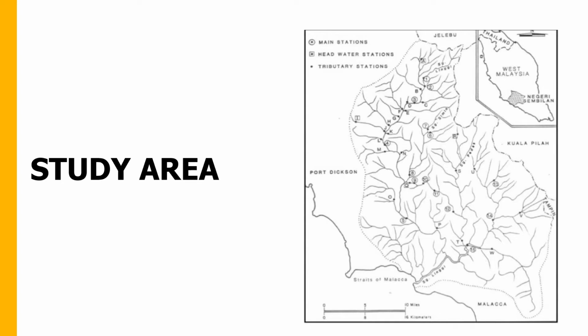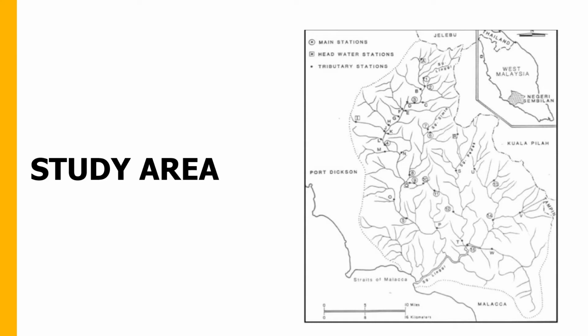Based on the data provided by the Department of Irrigation and Drainage in 2010, the river covers a total catchment area of about 523 square kilometers, while the main river has a length of 43.8 kilometers, and the highest monthly rainfall precipitation experienced by the river is up to 86.7 millimeters.